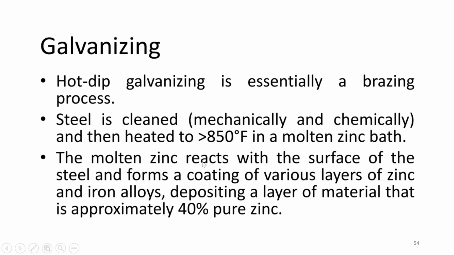The molten zinc reacts with the surface of the steel and forms a coating of various layers of zinc and iron alloys, depositing a layer of material that is approximately 40% pure zinc.